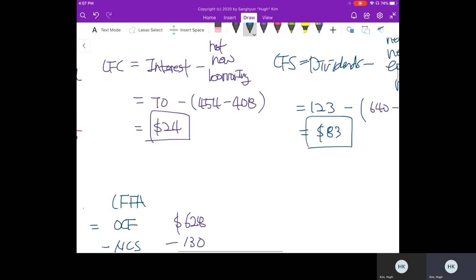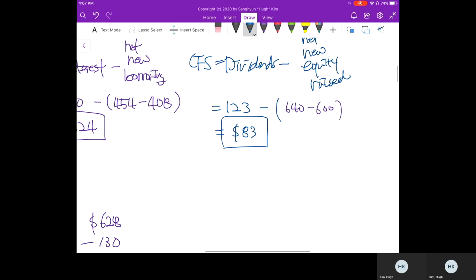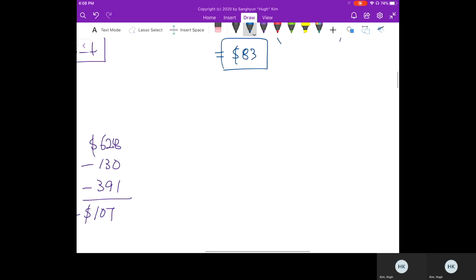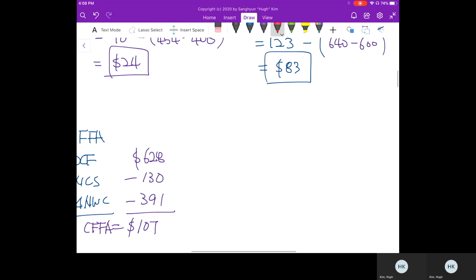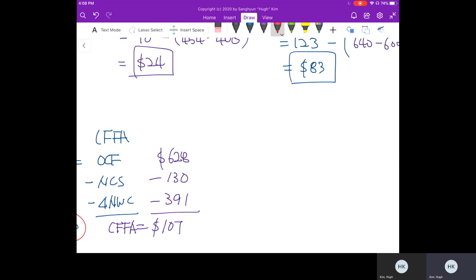So to summarize, cash flow from assets is operating cash flow minus net capital spending minus change in net working capital.